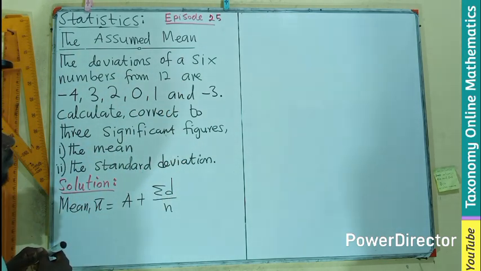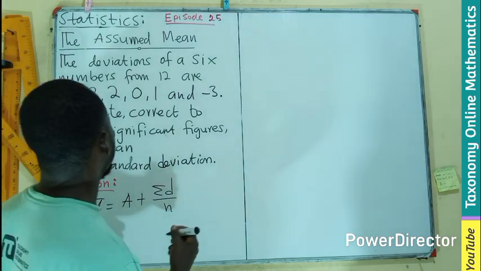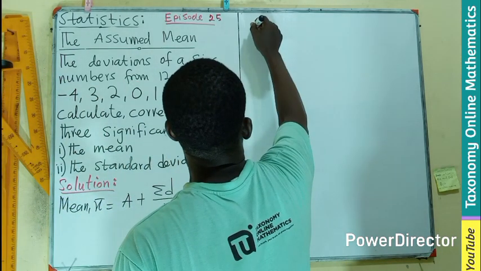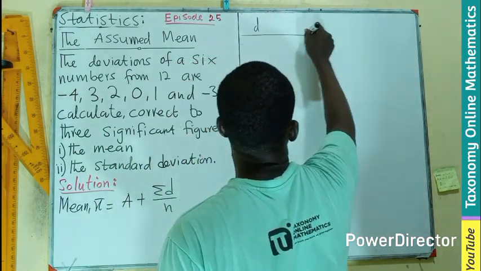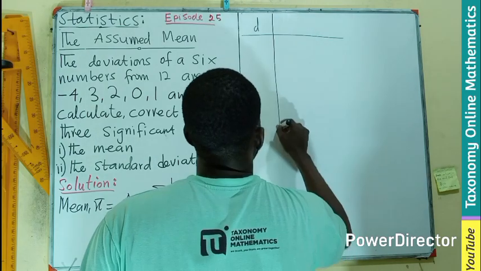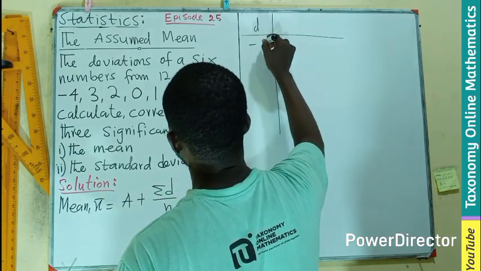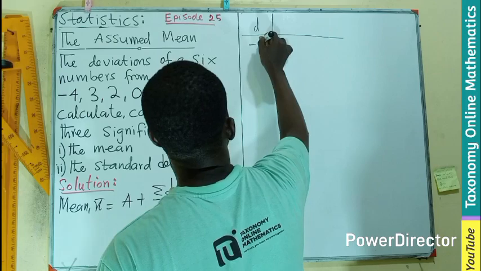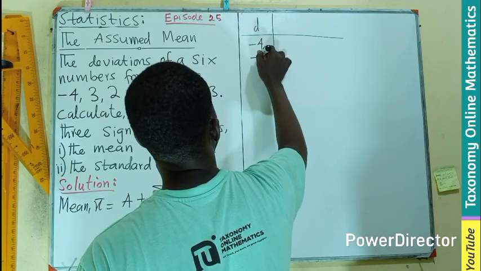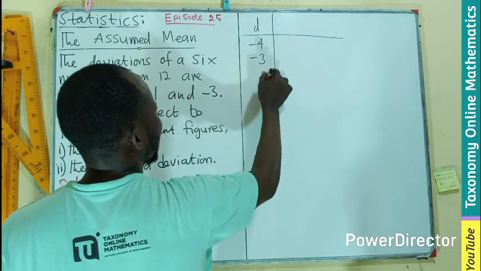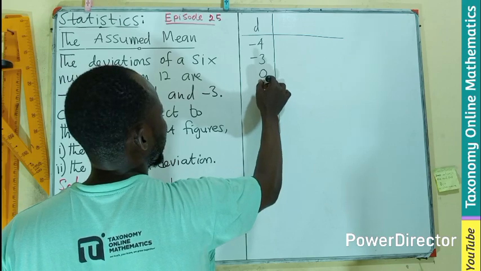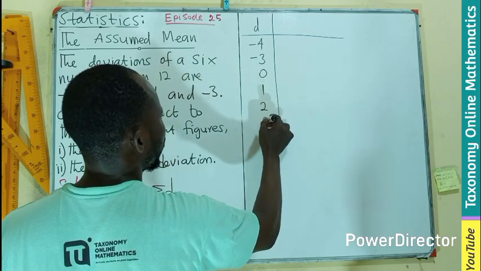Can I draw a table? Okay, let's make a table where we indicate our d. Roughly, I have negative, so let's start from the top: -4, -3, 0, 1, 2, 3.